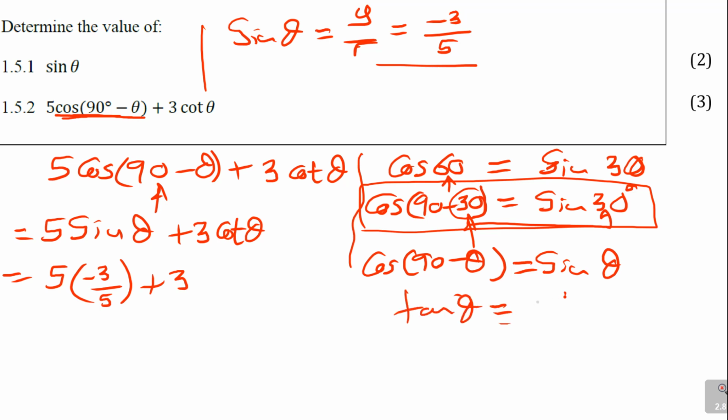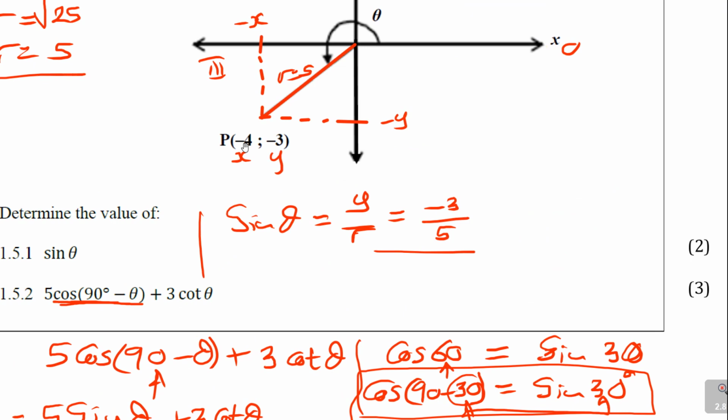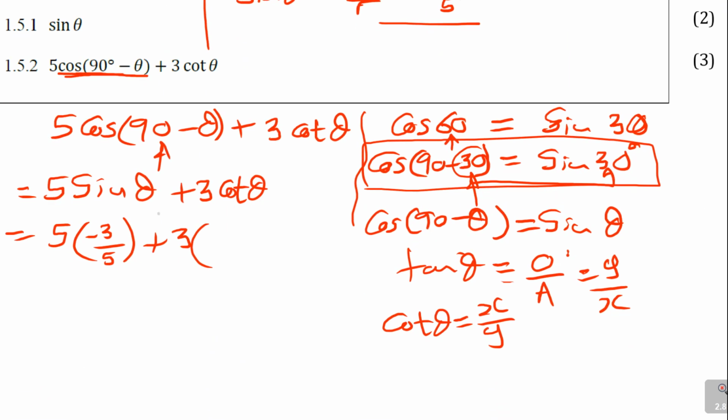Remember, tan is SOHCAHTOA, O over A, which is y over x. What is cot then? Cot theta is the opposite, which is x over y. So plus 3 bracket, what is my x? If I go back here, my x was negative 4, my y is negative 3. So it's negative 4 over negative 3.